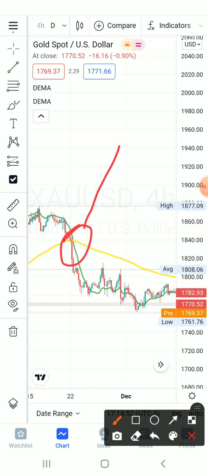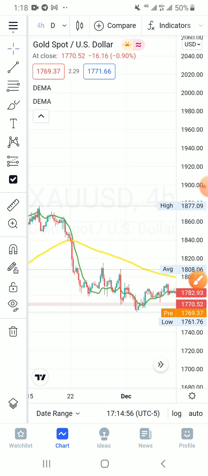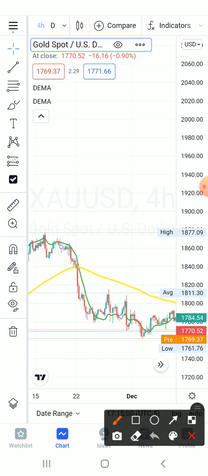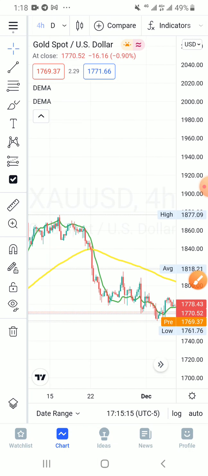Here you can see that it is trending down, and you have this cross, guys. You can see this cross where the yellow moving average, the candles and also the green EMA 21 are crossing. That is where the market is trending.